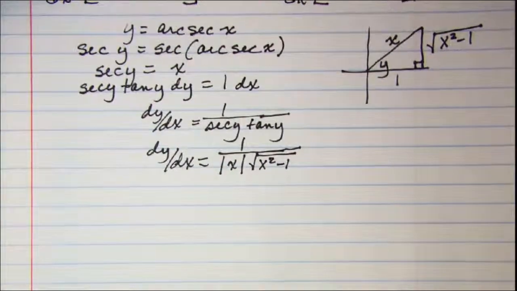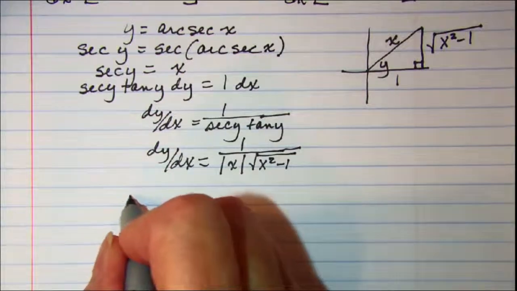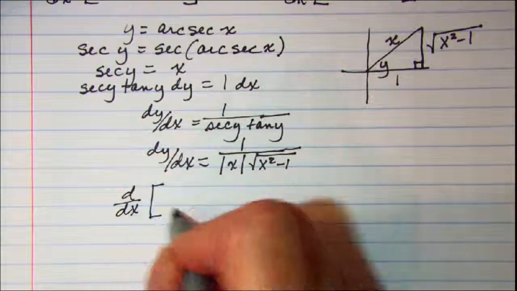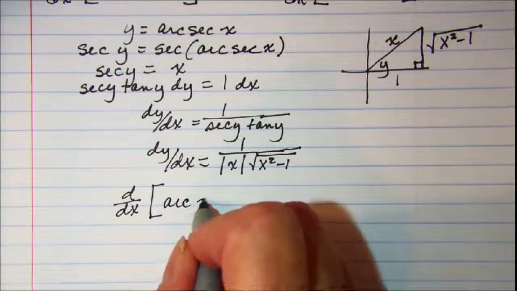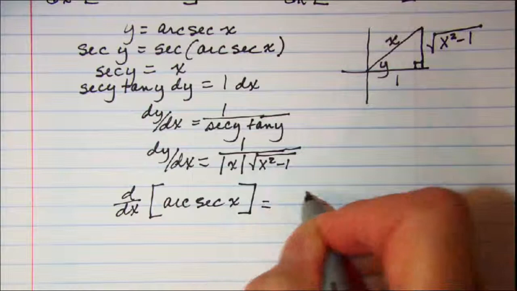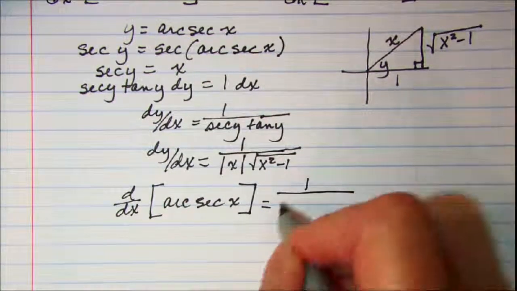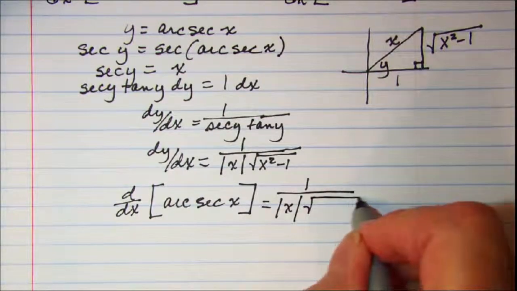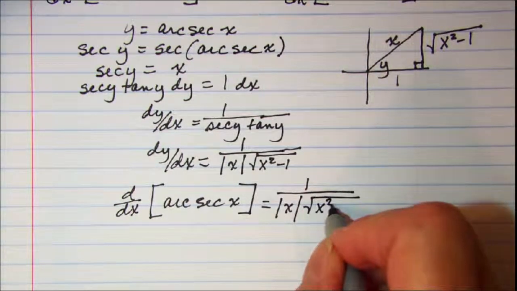So we can write our rule then. The derivative with respect to x of arcsecant x is equal to 1 divided by the absolute value of x times the square root of x squared minus 1.